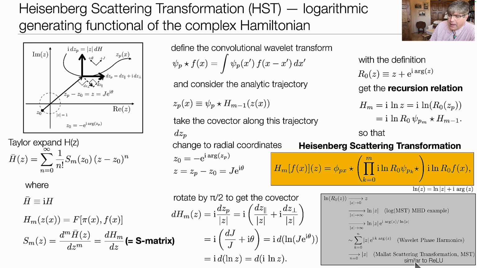And note also that the modulus is a two-sided rectified linear unit. So again, this is another way that the rectified linear unit is appearing, not only in the estimation of the complex Hamiltonian, but also here in the Heisenberg Scattering Transformation.